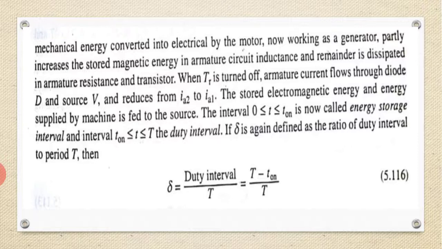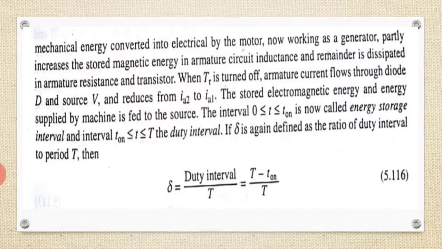When TR is turned off, the armature current flows through diode D and source V and reduces from IA2 to IA1. The stored electromagnetic energy and the energy supplied by the machine is fed to the source.